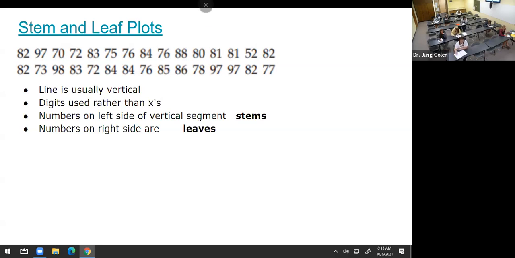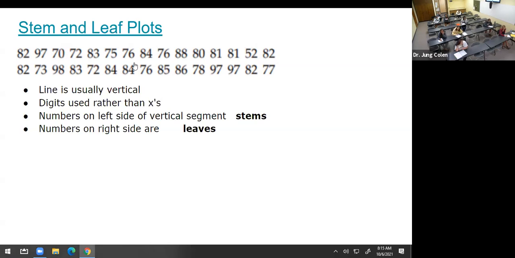The stem and leaf plot. We're going to use the same data here. So we still have Abel's students' scores for the test, right? There are 30 of them. In a stem and leaf plot, you need to have a stem and some leaves.